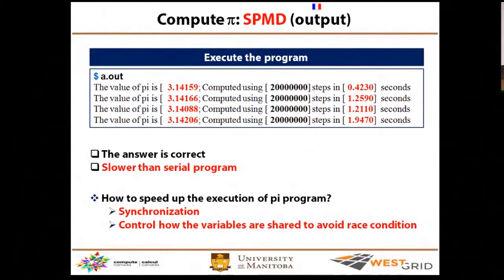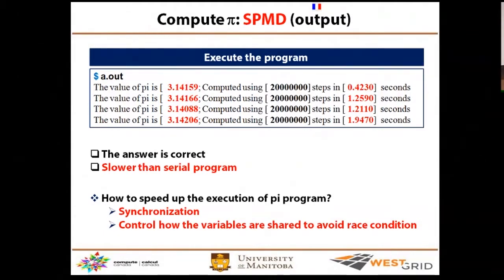So what to do to speed up the execution of this program? To do that, we need to control how the variables are shared and also avoid the race condition. Basically, we need to do some synchronization and control how the threads work.